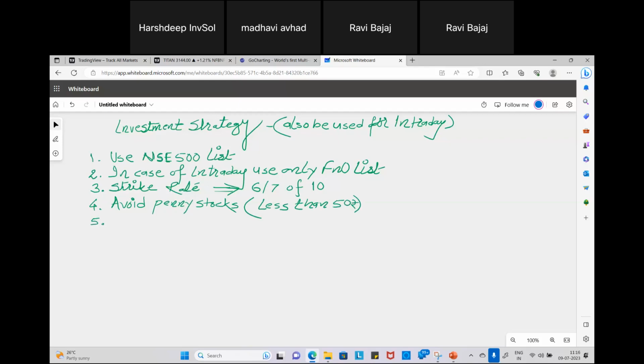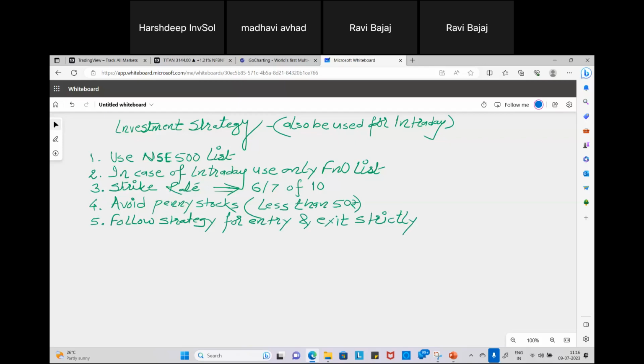Then follow the strategy for entry and exit strictly.